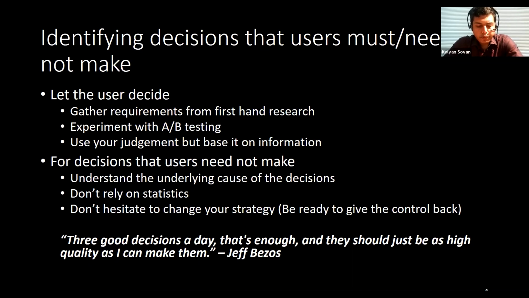Lastly, whenever you are taking a decision, please try to make it a two-way door and not a one-way door. So today, if you have decided to automate something, but as you launch or test the product, you see that the automation is not helping, and you need the user to make a decision which they're not able to make, then always be ready to take a step back and give the control back to your user, right?